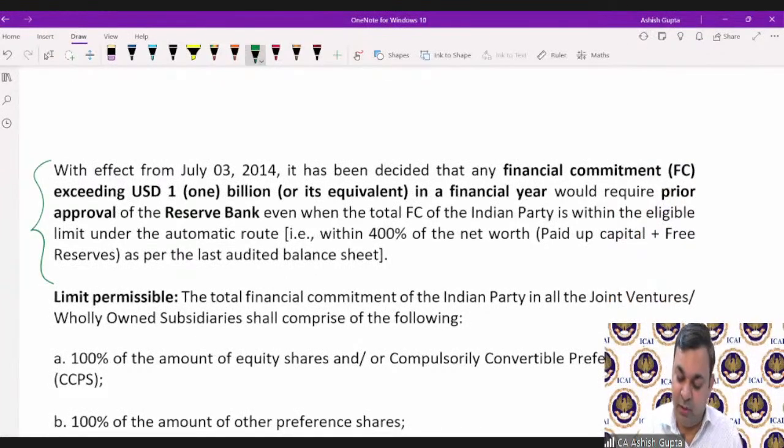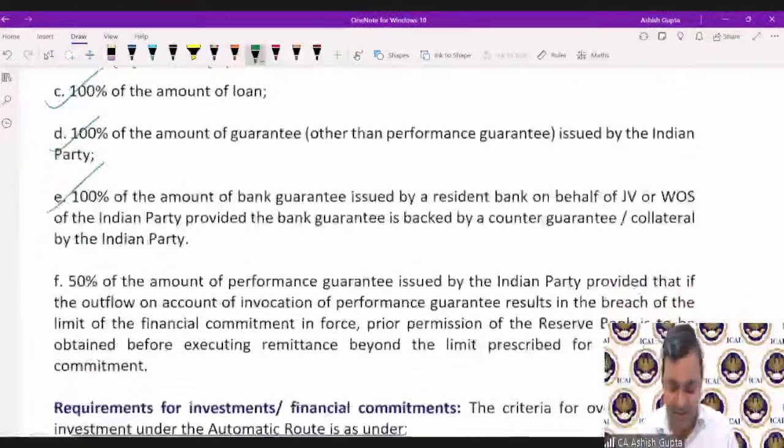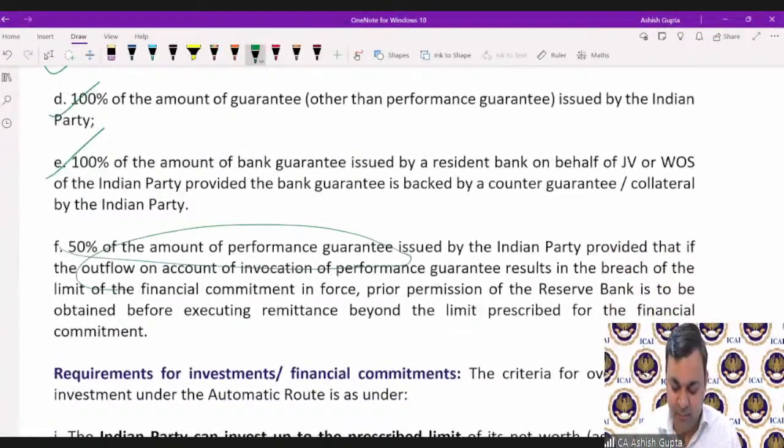But if we are going to invest more than 1 billion, then irrespective of the fact that it is within the limit of 400% of net worth, you need to take the RBI approval. This is an important point. Limit permissible is 100%, 100%, 100%, 100%, except one thing, there is 50% that belongs to the performance guarantee.